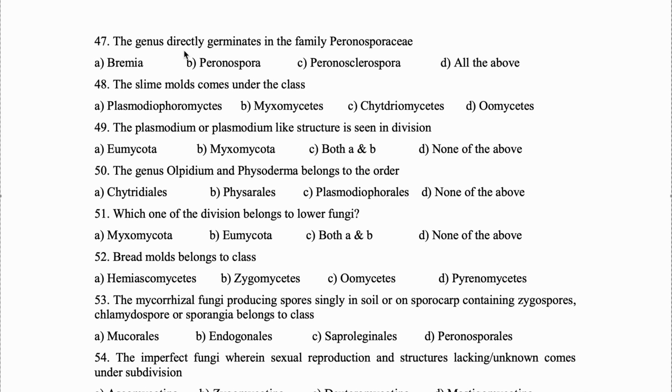The genus directly germinates in the family Peronosporaceae. In the family Peronosporaceae, we get to see the genera of downy mildew. Okay, let's go for the options. Bremia, Peronospora, Peronosclerospora. All are genera of downy mildew. So the answer will be all of the above.